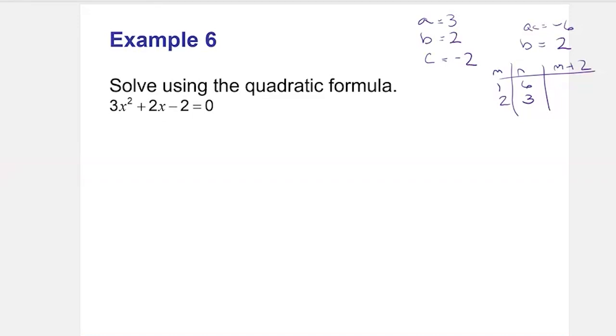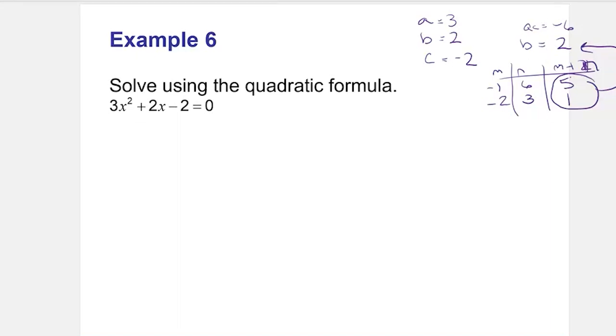And if I make one side negative, it doesn't really matter which side I make negative. When I add them, I get 5 and 1. Notice neither one of them is equal to 2. So right away, I know that this cannot be factored.